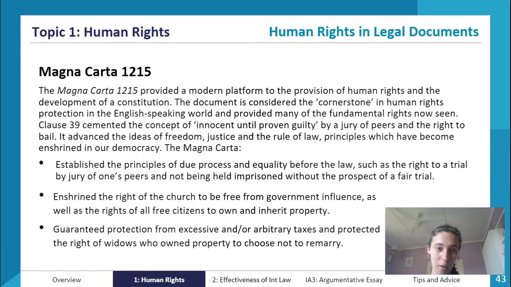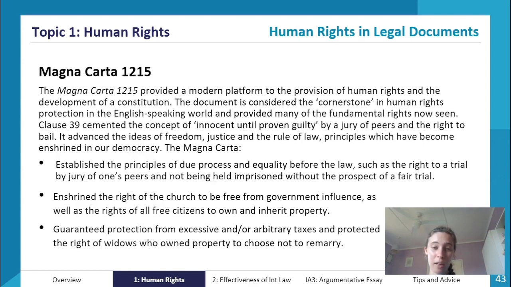The Magna Carta from 1215, which is hundreds of years ago now, but it actually is still very relevant. Interestingly, it provided quite a few rights that we now see today as being quite basic.